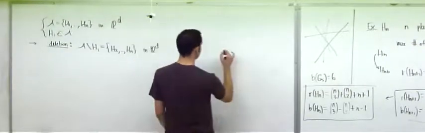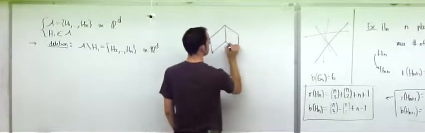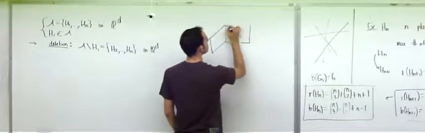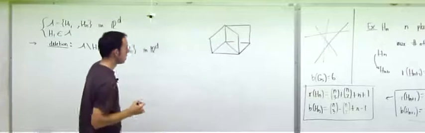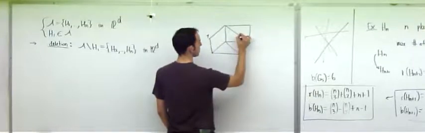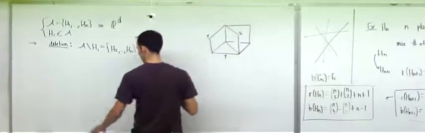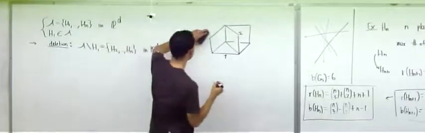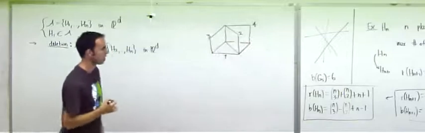So maybe we'll do an example here. So there's an arrangement, and here's H1, H2, H3, and H4, in R3.